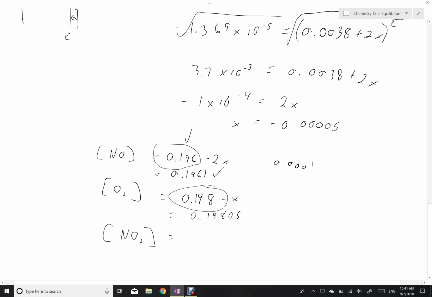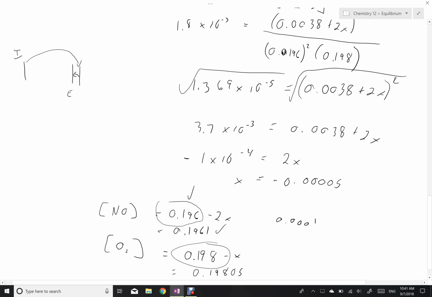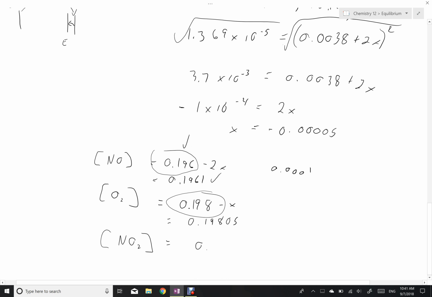And my new concentration of nitrogen dioxide would have been 0.0038 plus 2x, which works out to, in this case, 0.0037.